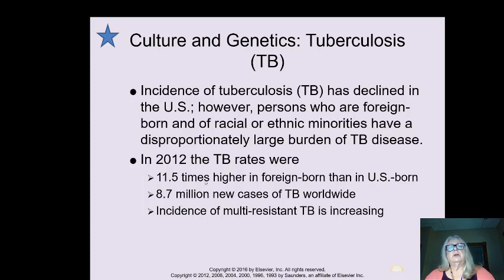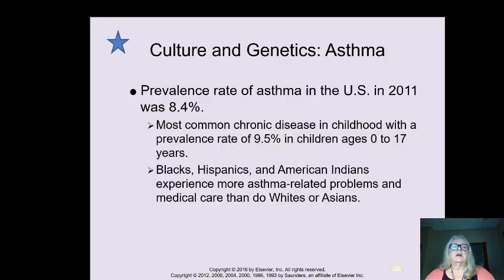TB is still a pretty big problem in this country. The rates for TB were 11.5 times higher in foreign-born people than those born in the U.S., and 8.7 million new cases of TB worldwide were diagnosed in 2012. The incidence of multi-resistant TB is increasing because, just like antibiotics, people don't take all of their medications.